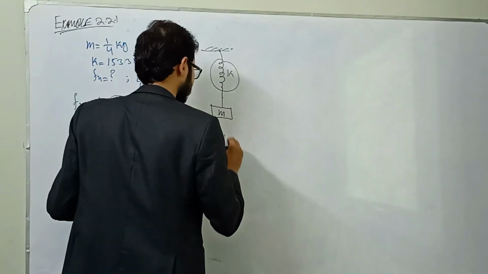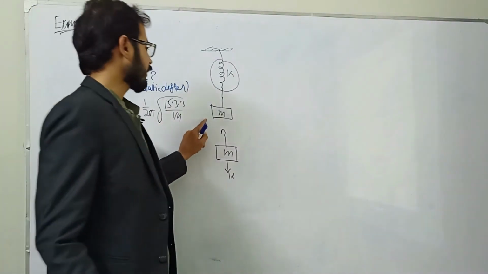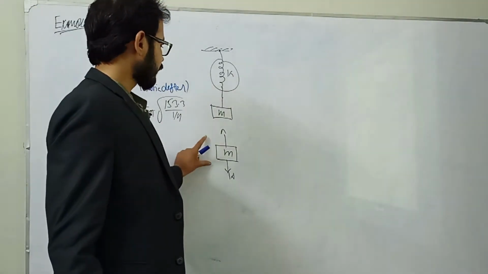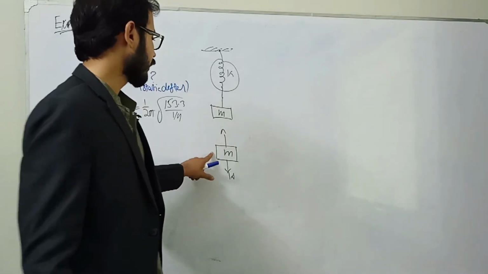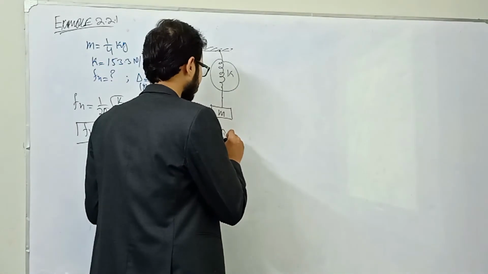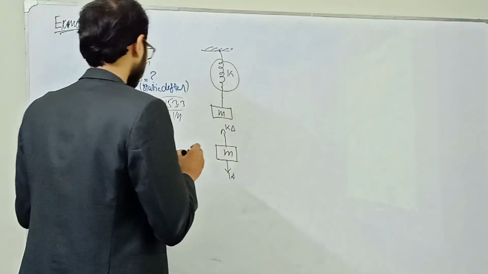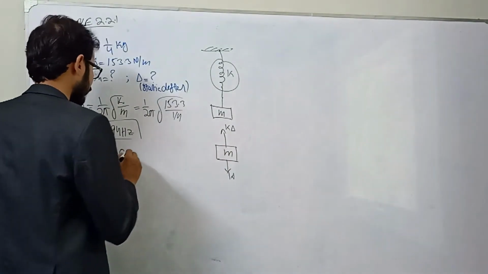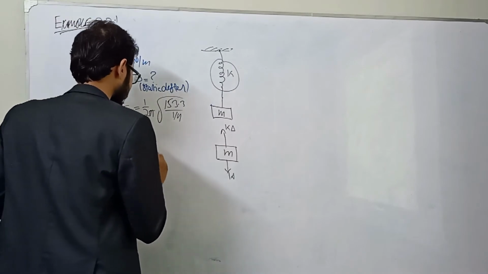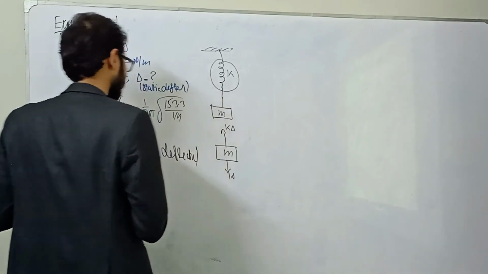We know that there is no excitation force acting on this block, so all deflection will be because of the weight of this block, and in addition there will be a restoring force presented as K delta. So summation F is equal to 0. Why? Because it is static deflection, not dynamic deflection where excitation force acts.